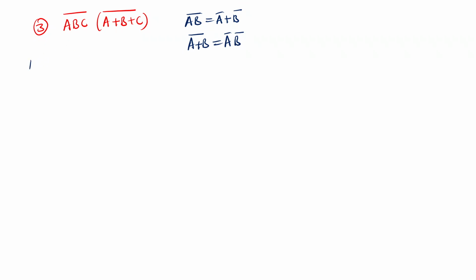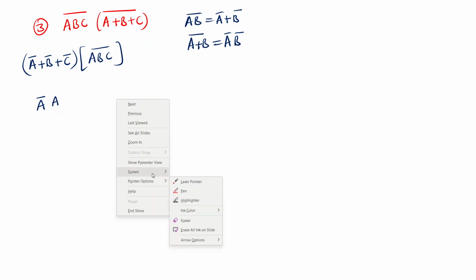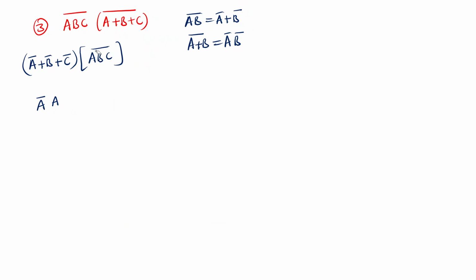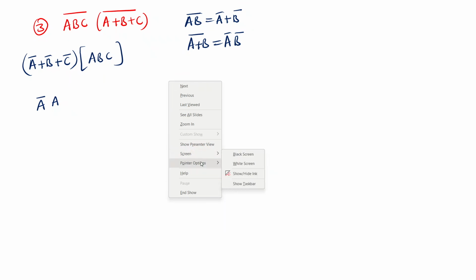So applying De Morgan's law, this is nothing but A bar plus B bar plus C bar. And this one is nothing but (ABC) whole bar. Next you multiply, so that means here A bar, and each literal gets multiplied.